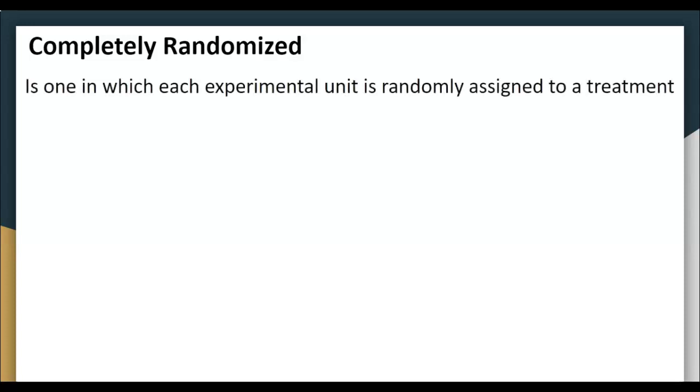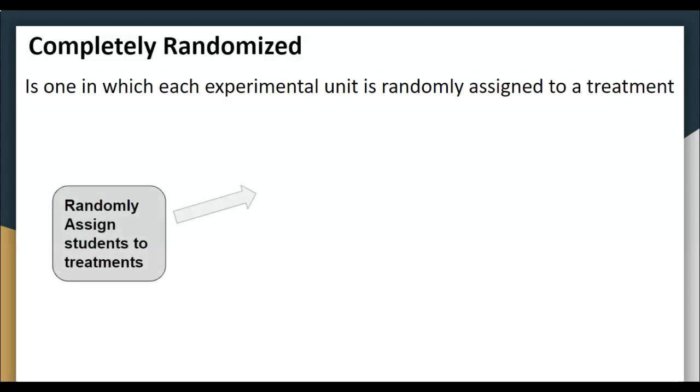Now let's look at three different experimental designs and try to relate them to our example. So the first one is completely randomized. Completely randomized design is one in which experimental units are randomly assigned to a treatment. In other words, we take a group, for example, 60 volunteers, then I randomly split them up.